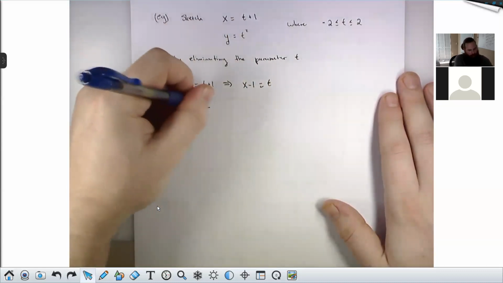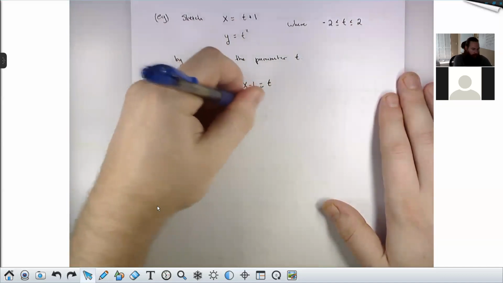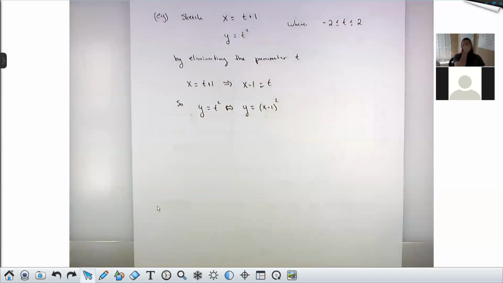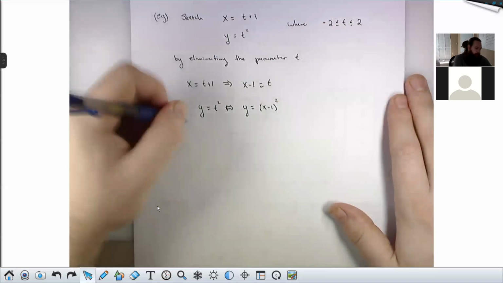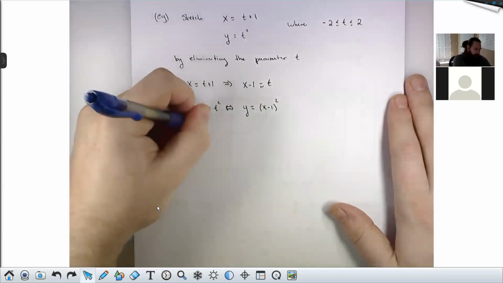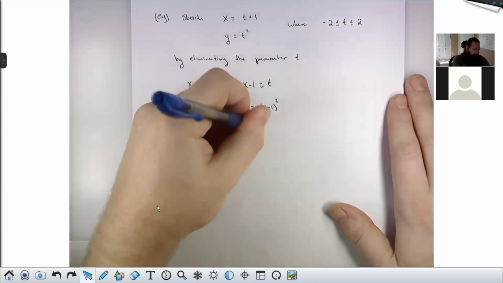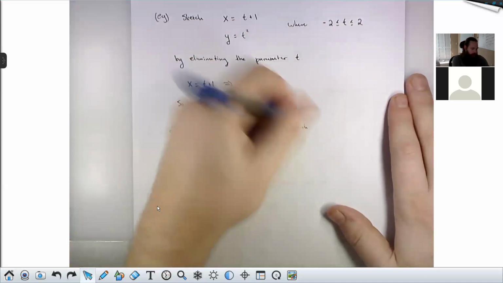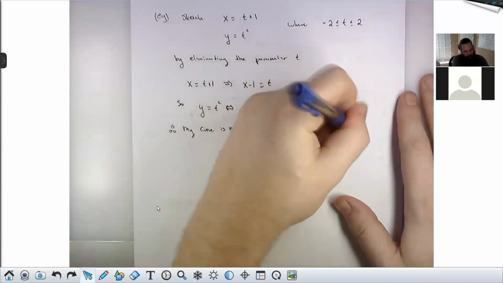So y is t squared means the same as saying y is equal to (x minus 1) squared. Therefore my curve is made up of points which satisfy y equals (x minus 1) squared.